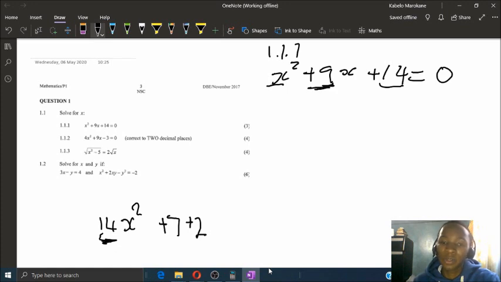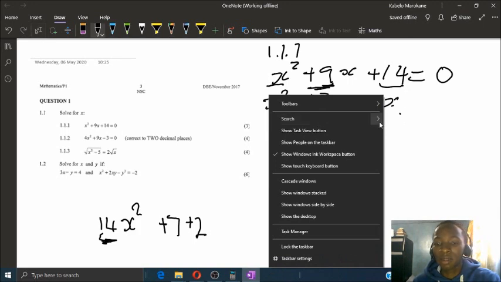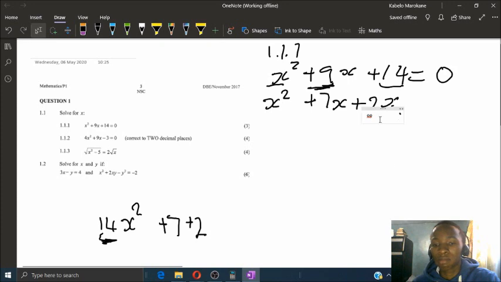So I'm going to rewrite this equation in terms of 7x plus 2x. Okay, let me just erase this part.